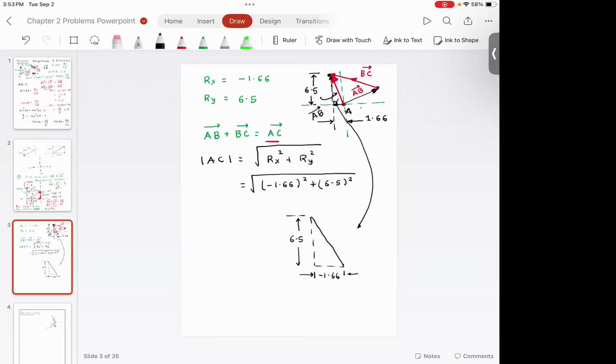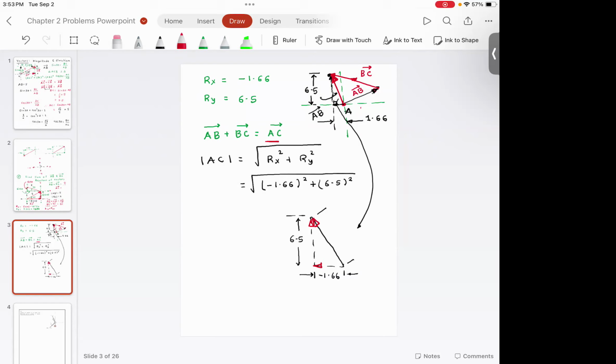And if you want to find this magnitude, you need to use the Pythagorean theorem. Everyone understood this?